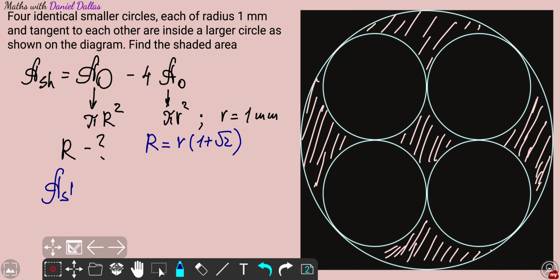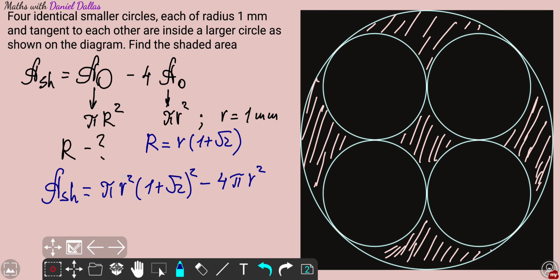So the shaded area finally is going to be equal to pi r squared, which is small r squared, times (1 plus square root of 2) squared, and we're subtracting 4 pi r squared.